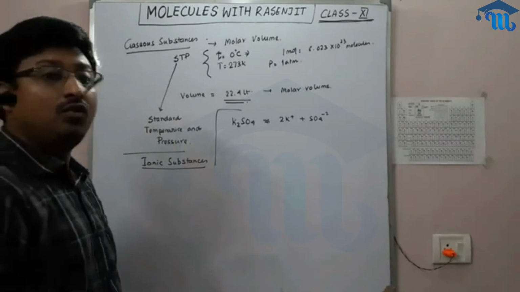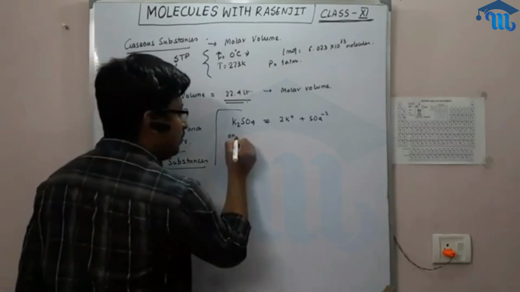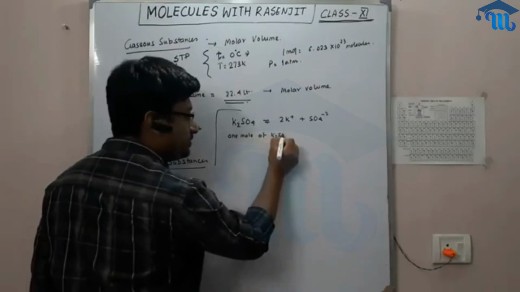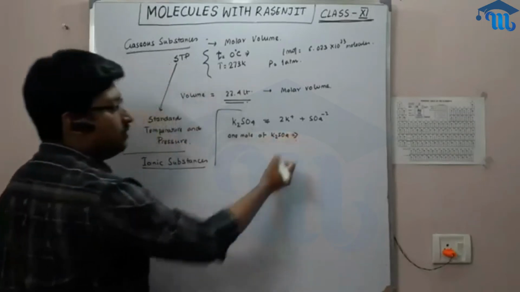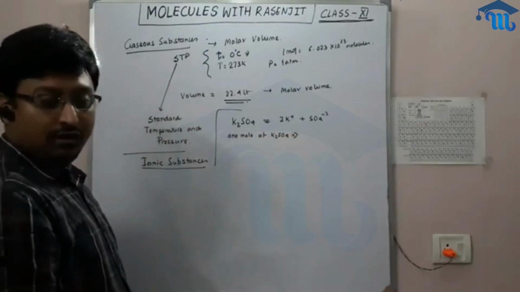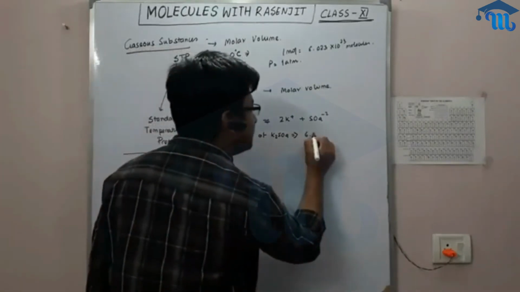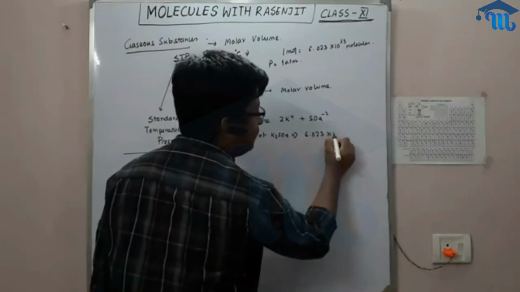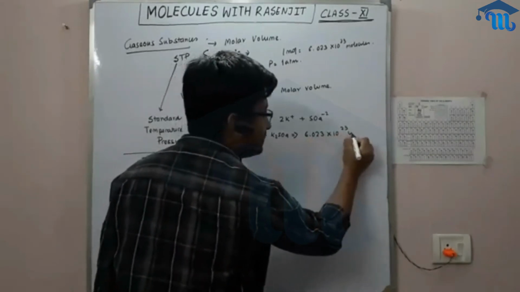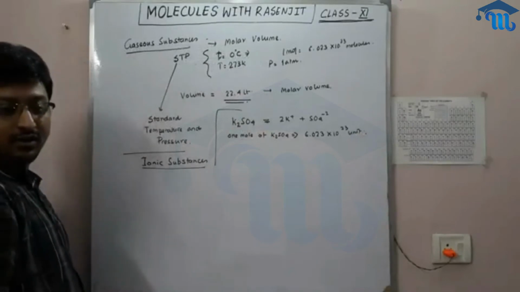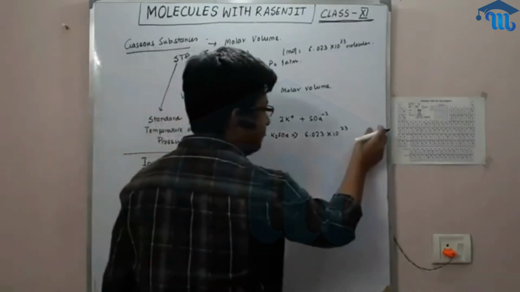So 1 mole of K2SO4 contains how many molecules? If I calculate, 1 mole of K2SO4 means 6.023 × 10^23 units, molecules.